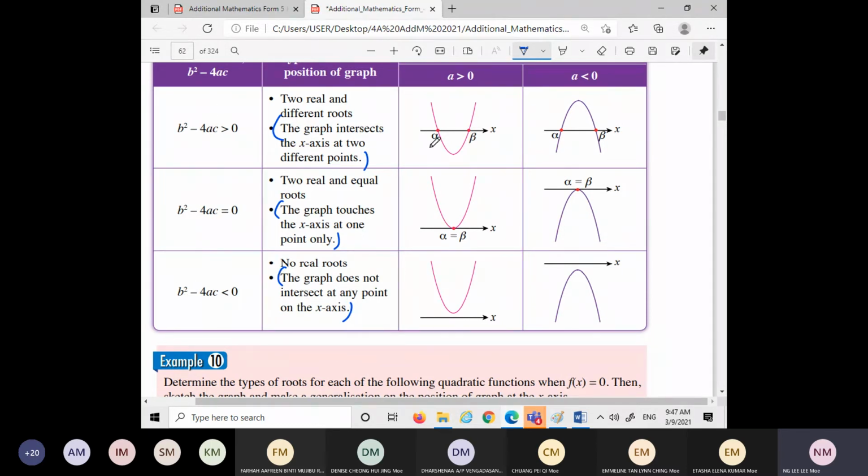If more than 0, then it will be this one already, where the function sometimes is positive, sometimes is negative. It's not always positive or always negative. Always positive is this, always negative is this. Therefore, this is for discriminant smaller than 0.